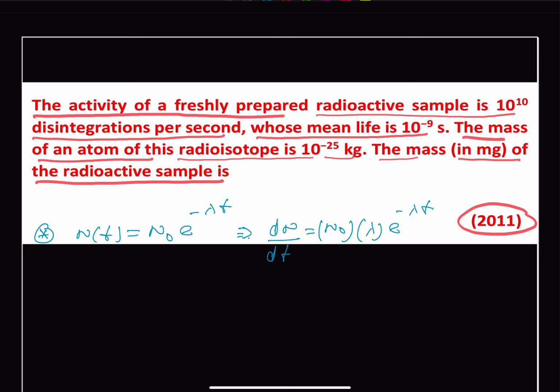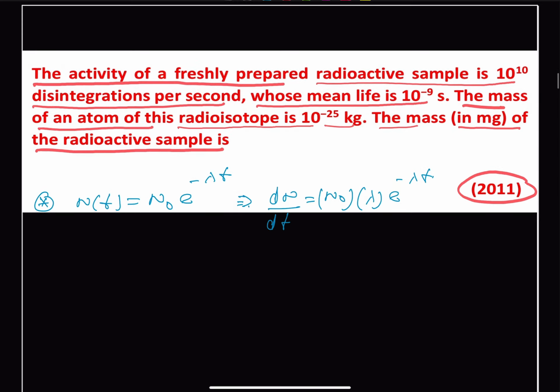And we can write dN upon dt is 10 raised to power 10. Therefore you can write 10 raised to power 10 is equal to N naught lambda e raised to power minus 10 raised to power minus 9 times t.